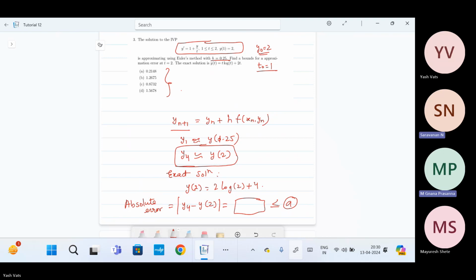Yeah, y n plus 1 is y n plus h f of x on that equation. Yes. Then y1 we are taking as y of 1.25, where h is 0.25. So y1 plus y by t. Y1 plus 0.25, yeah, y x plus h.